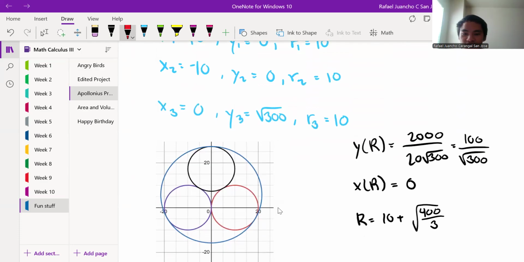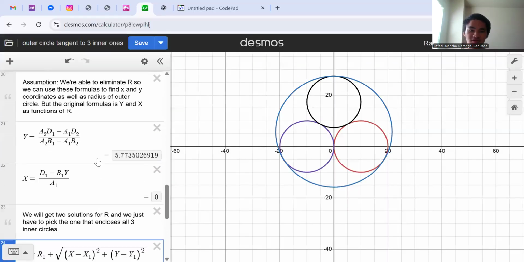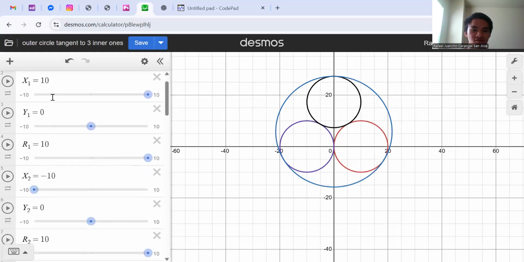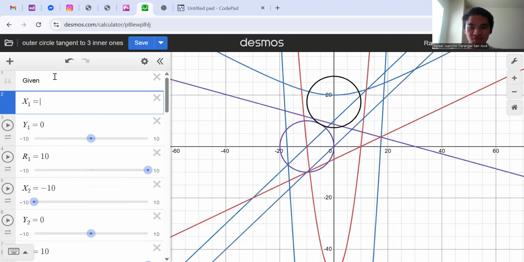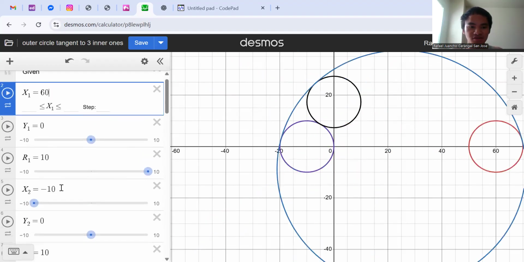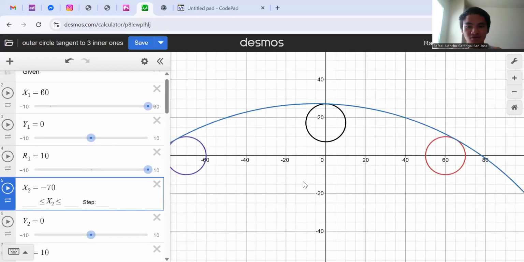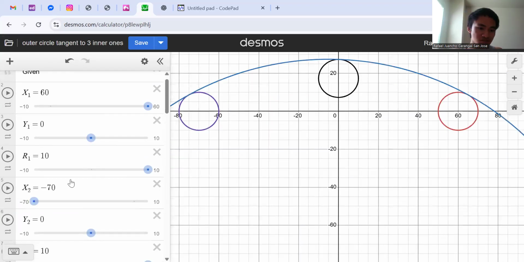Let me just check. Yeah, so from here, even if I change any of these values, right? If I change this to a 60, if I change this to 70, I'm not super sure. Oh, look at that. Still works, right?